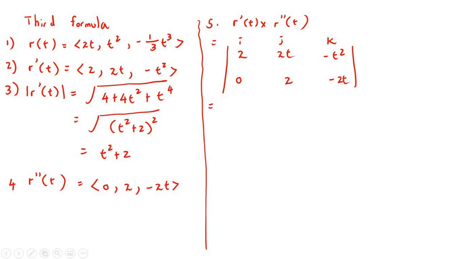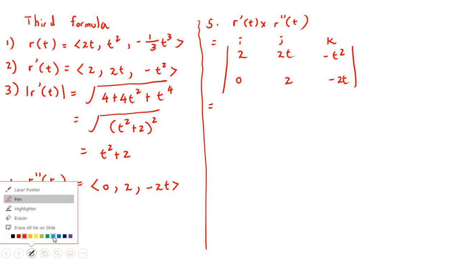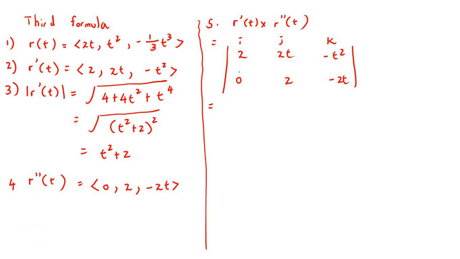So let's do the cross product. The result is a vector.